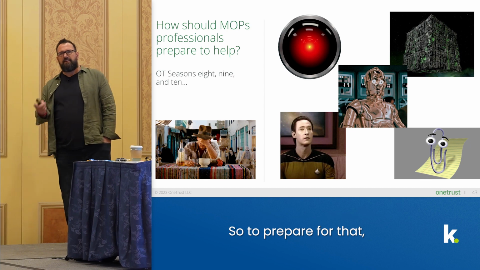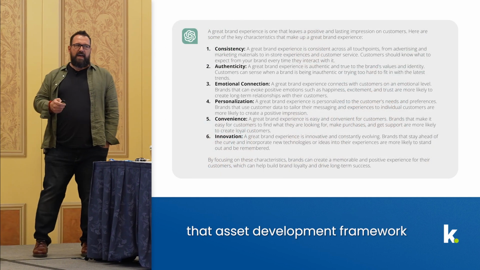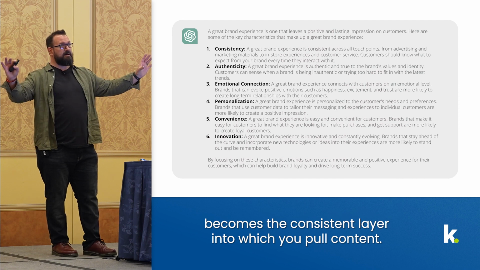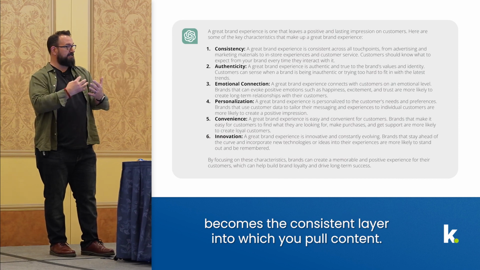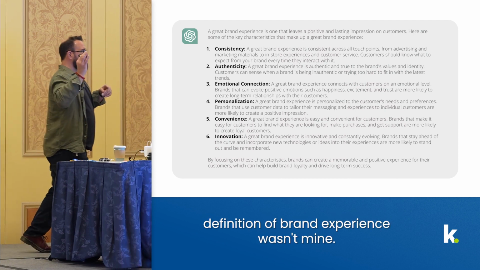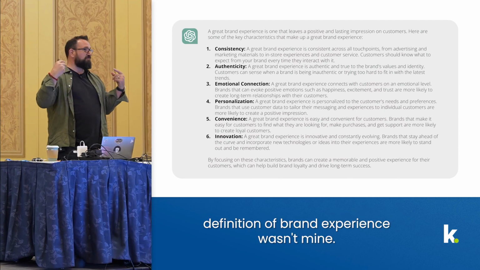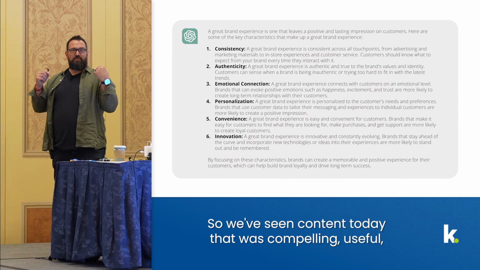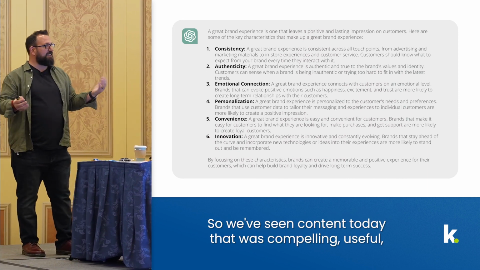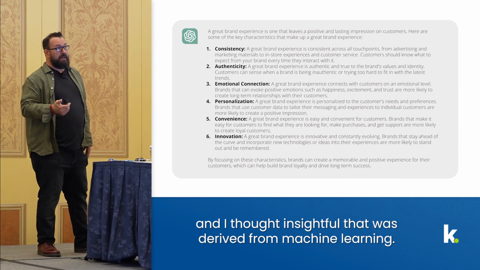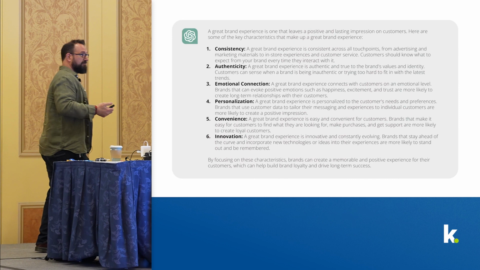So to prepare for that, that asset development framework becomes the consistent layer into which you pull content. So this definition of brand experience wasn't mine. This is GPT. So we've seen content today that was compelling, useful, and I thought insightful, that was derived from machine learning.